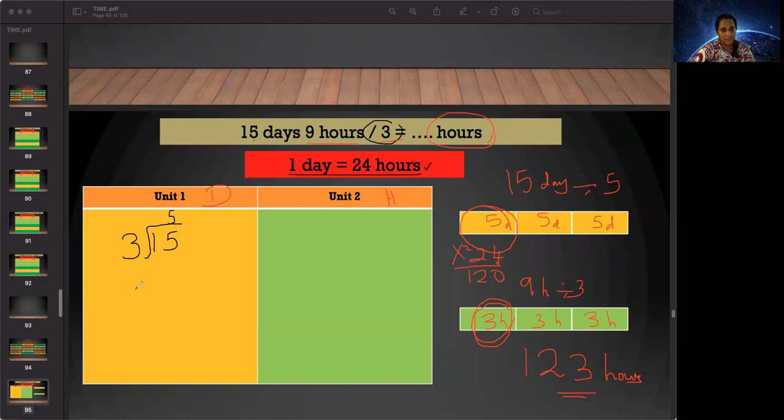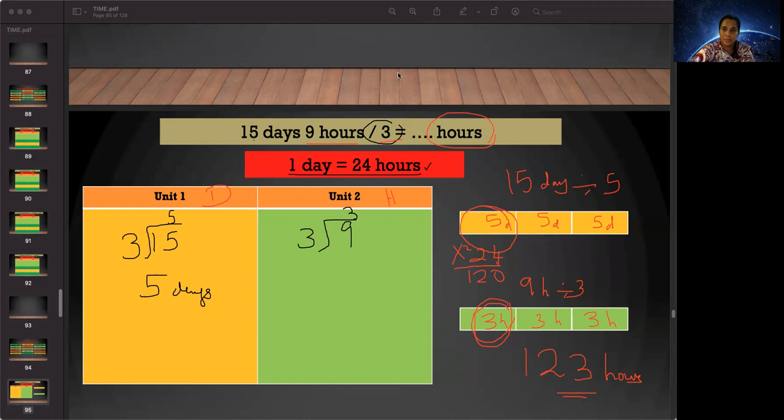So in the days, I will have 5 days as my answer, and then do the same thing for the hours. So I could also take 9 divided by 3 and I would have 3.